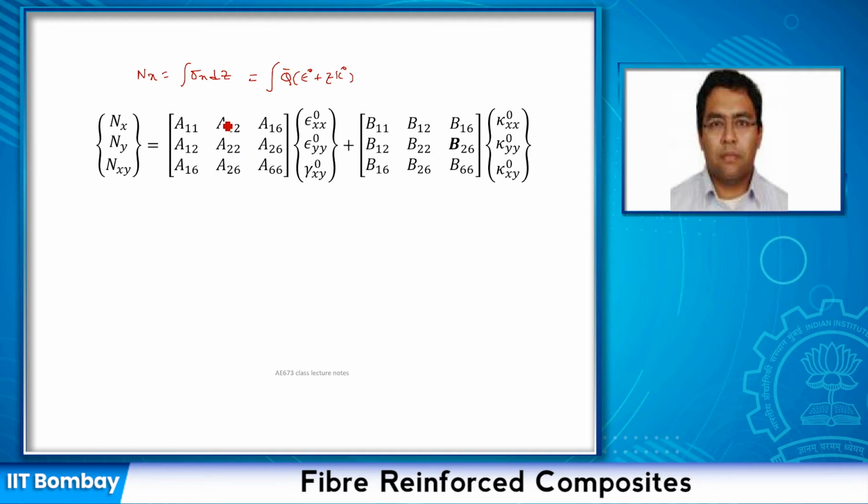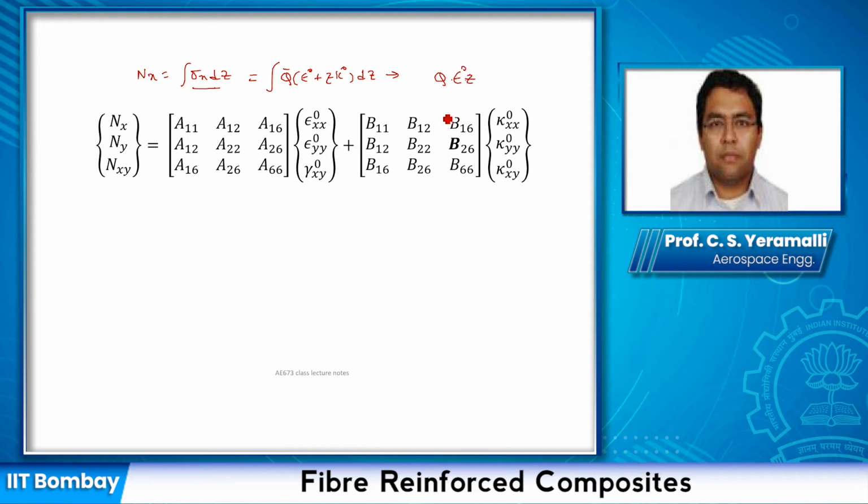So nx is equal to integral of sigma x dz, and then inside sigma x we have substituted the relationship of a general lamina, where at any height z, what would be the strain? So Q bar epsilon 0 plus z Q bar kappa 0, and then I expand this out. So I will have some terms which are linear in z, and I will have some terms which will be quadratic in z.